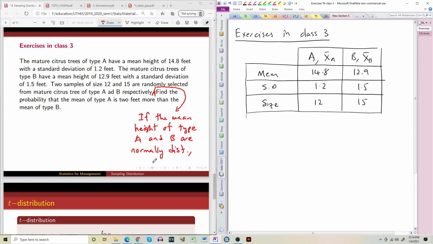So how to write this? Find the probability that the mean type A is 2 feet more than the mean of type B.